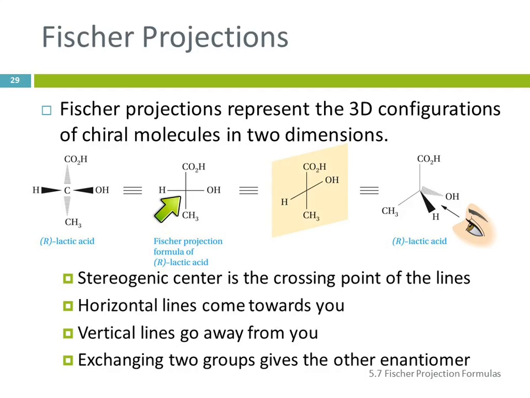And the way I remember how to look at this is that it's like a person. Here's a person standing here. He's kind of arching his back away from you, and his hands are reaching out towards you to give you a big hug. Kind of awkward. But the horizontal lines are coming out, the vertical lines are going back.